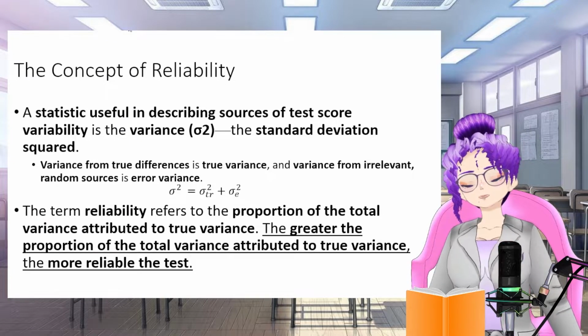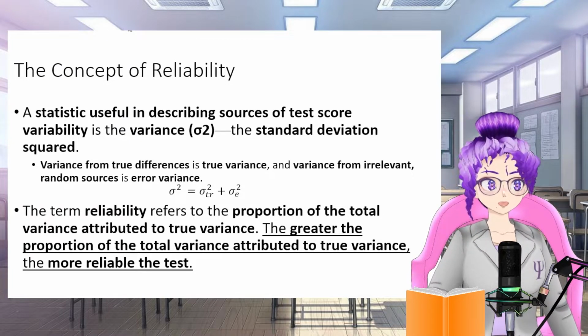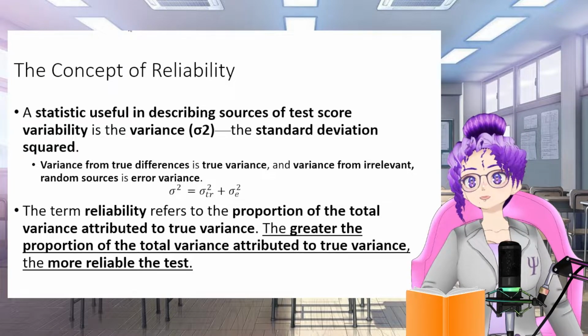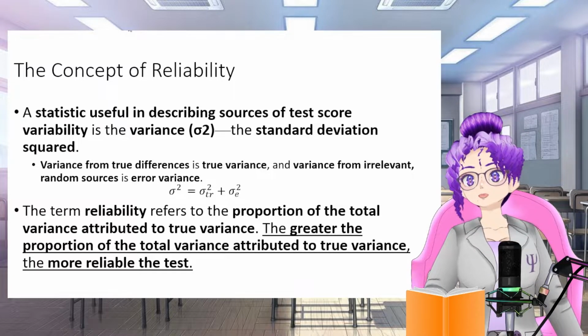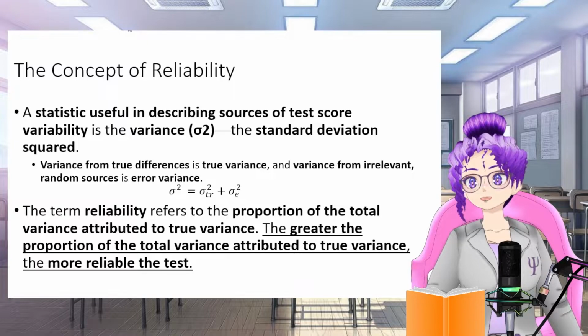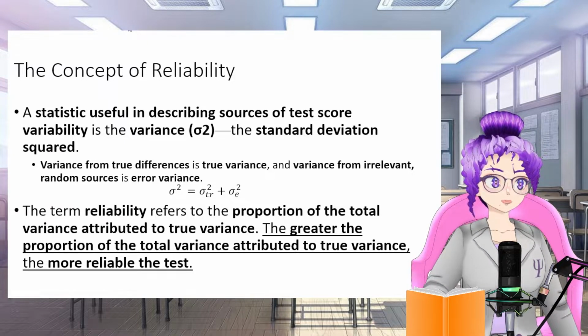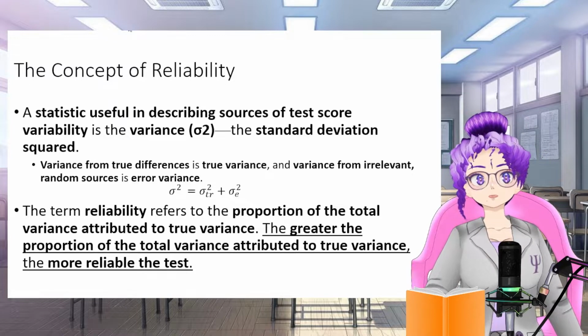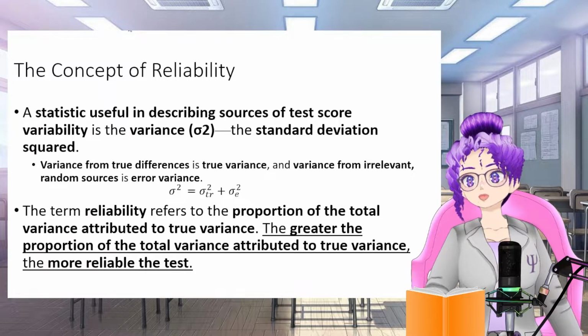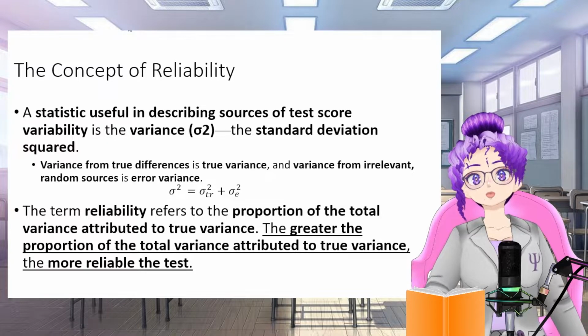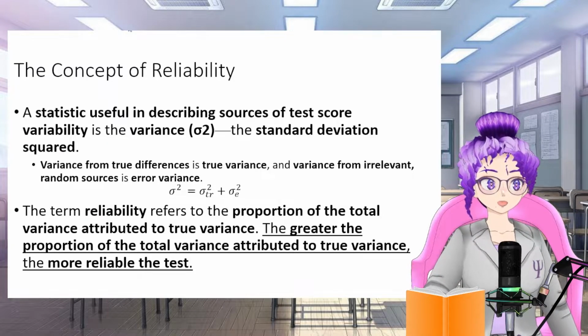So therefore, the term reliability refers to the proportion of the total variance attributed to true variance. And here is a rule of thumb that you need to remember. The greater the proportion of the total variance attributed to true variance, the more reliable the test is.